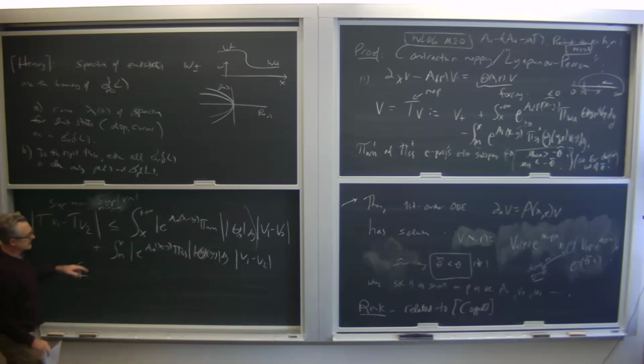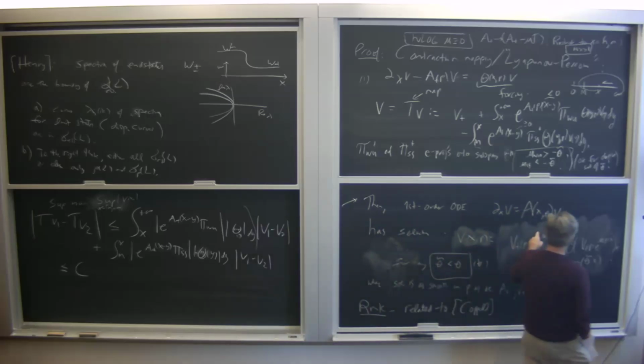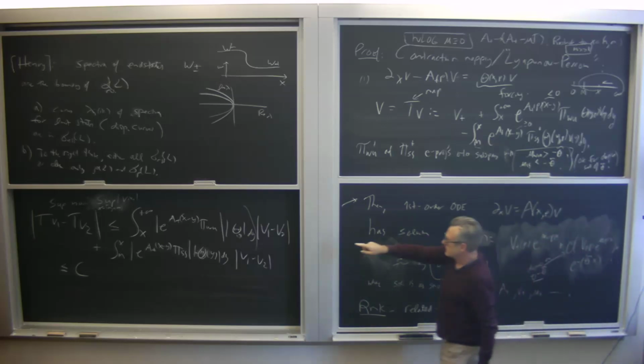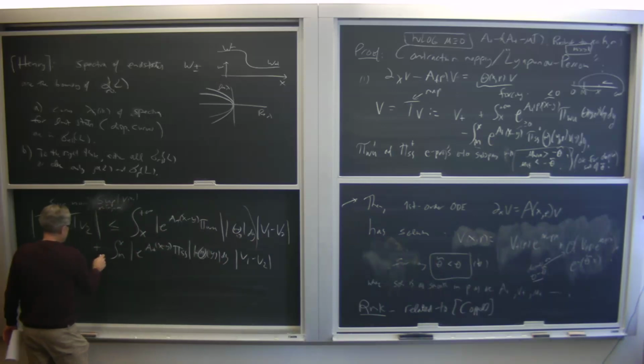Now I'm going to use the fact that, because I made these assumptions on theta, I have growth and decay bounds on e to the A t. I know that the weakly unstable part will be bounded by a big constant. That's why there's a C here.